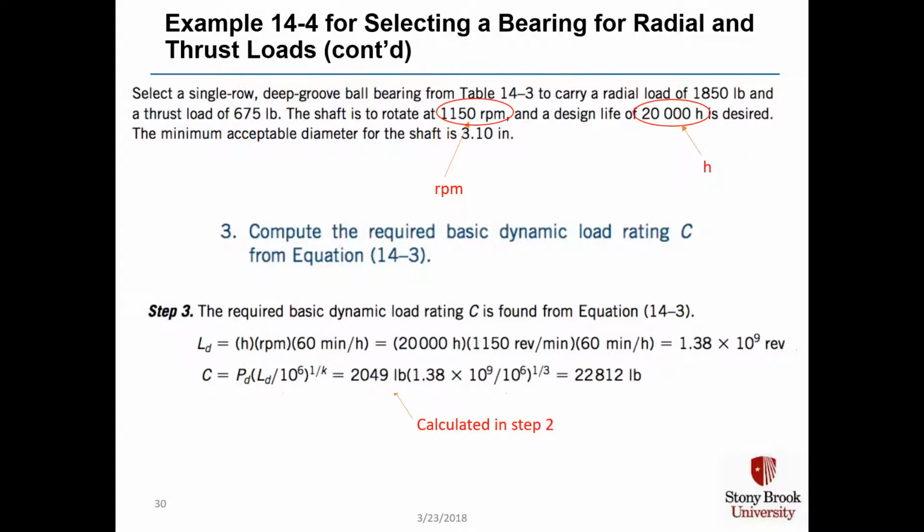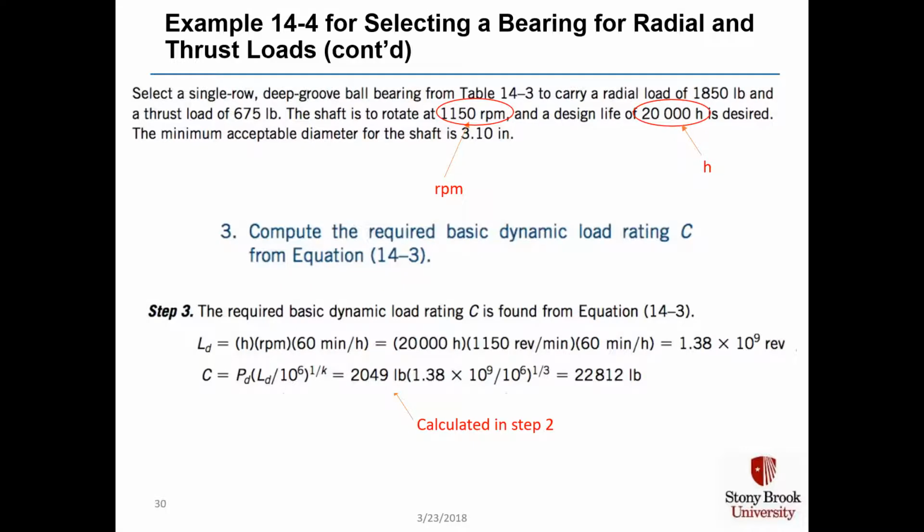Now we keep moving along and we calculate L sub D, which is the life of the bearing in revolutions. We take our 20,000 hours, we multiply by 1150 RPM and by 60 minutes per hour, and we get 1.38 times 10 to the 9th revolutions. And then we calculate C, the dynamic load rating, and we sub in the values.